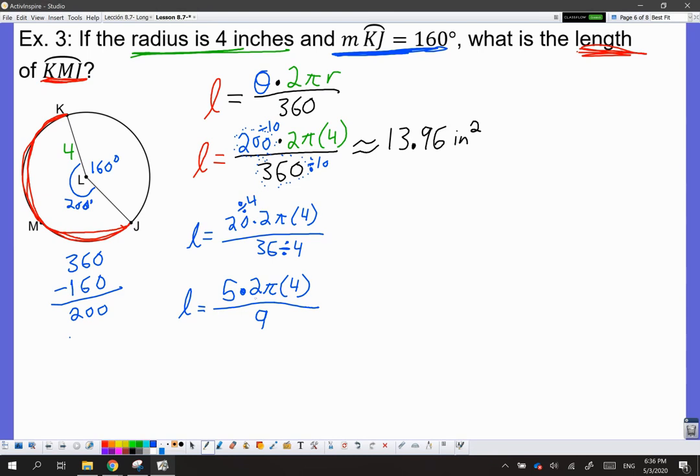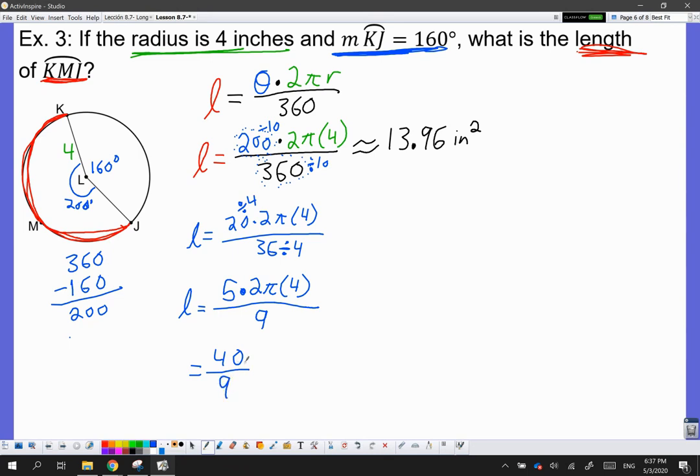So again, in the interest of keeping this in exact form, I'm going to ignore that pi and multiply everything around the pi. So I have 5 times 2 times 4. I know 5 times 2 is 10. 10 times 4 is 40. So on the top, I get 40. And on the bottom, I get 9.